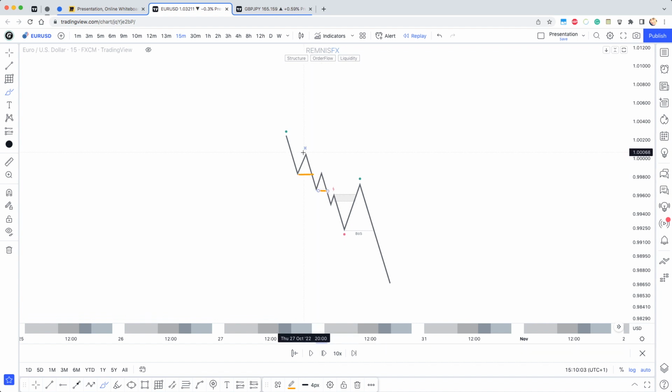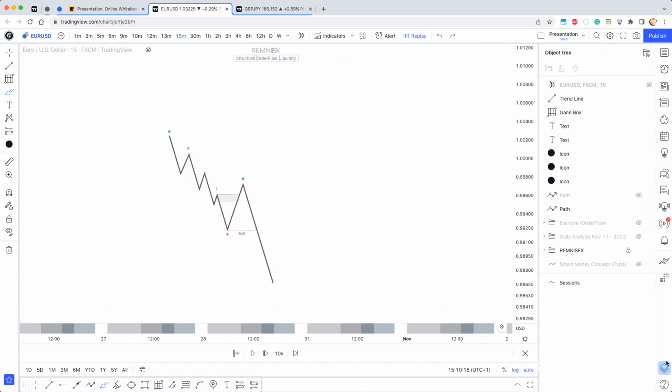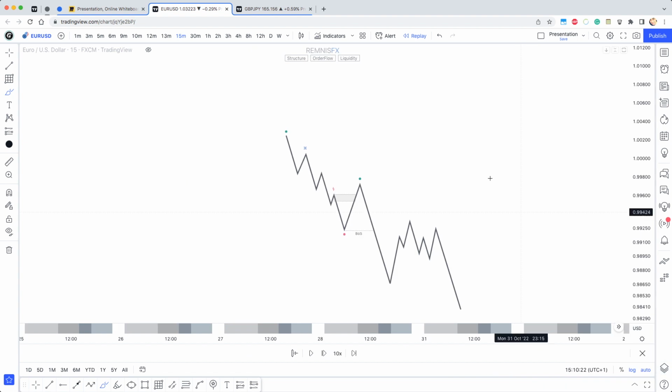Because the liquidity here was never taken out, this was never taken out, and this is your internal structure like that, correct?